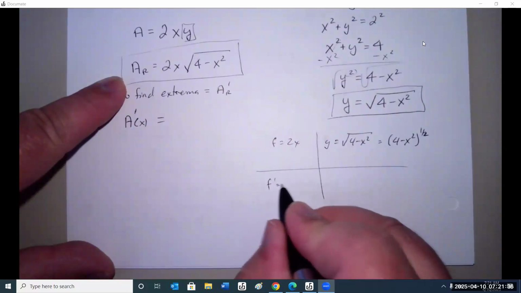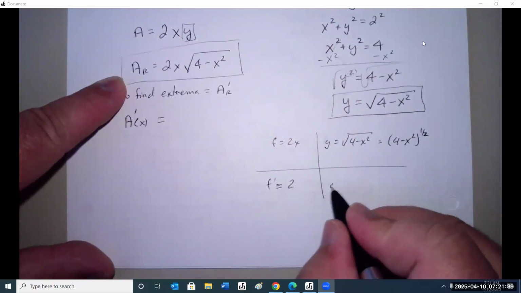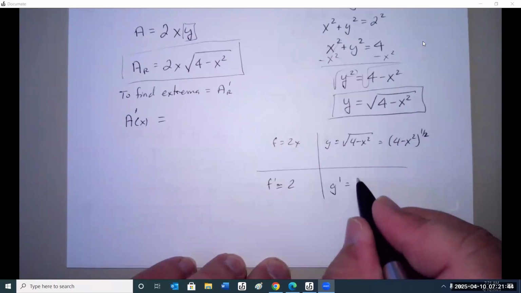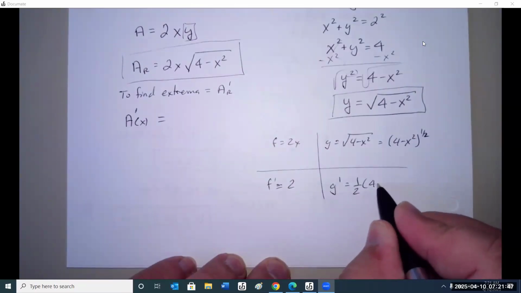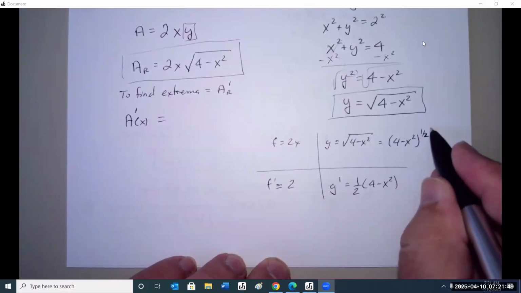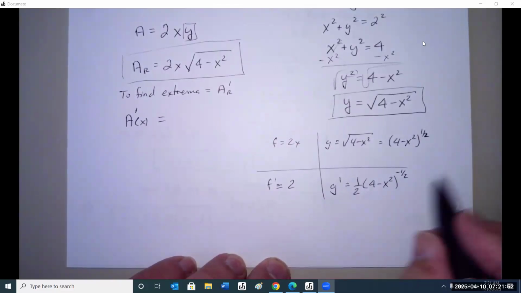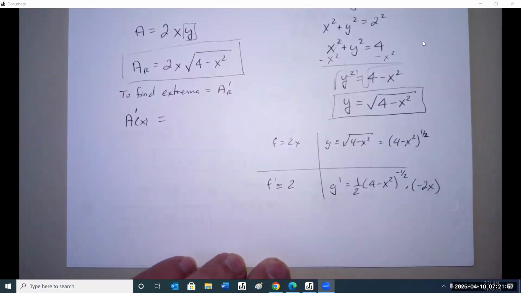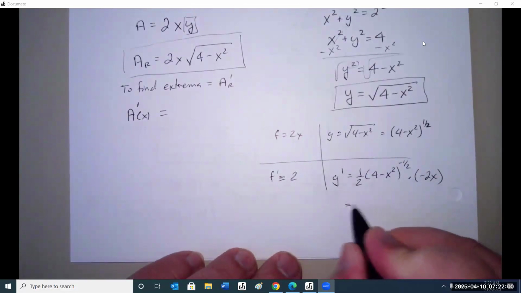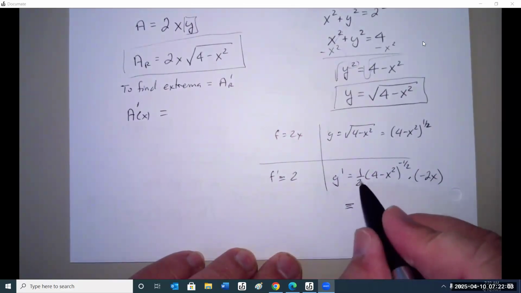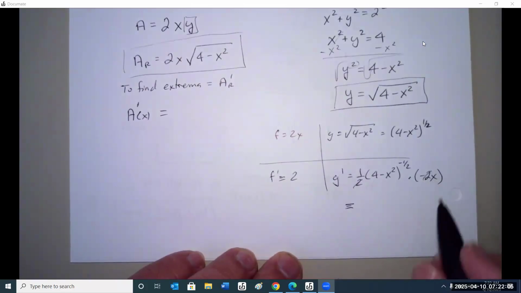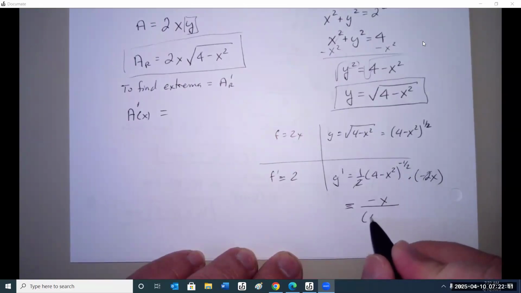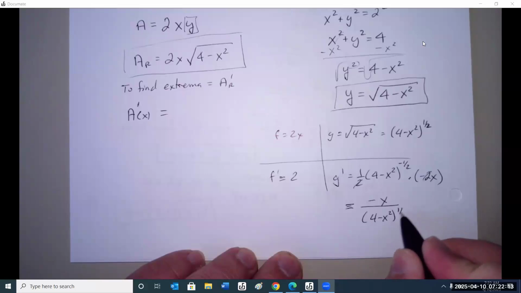Then we need f prime, which is 2, and g prime, which is a chain rule. Take the power, bring it down, subtract 1, we get negative 1/2, times the derivative of the inside, which is negative 2x. So the 2 and the 2 cancel. So what we have is negative x, and this goes on the bottom, 4 minus x squared to the power 1/2.